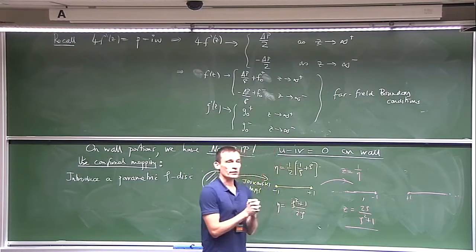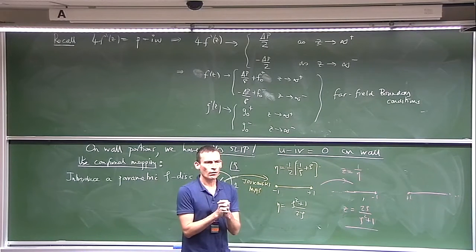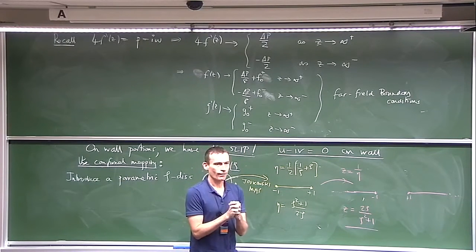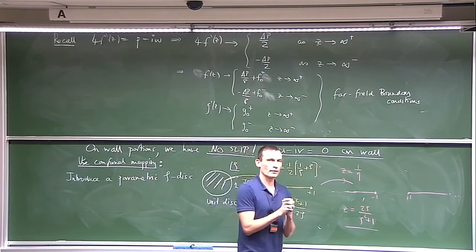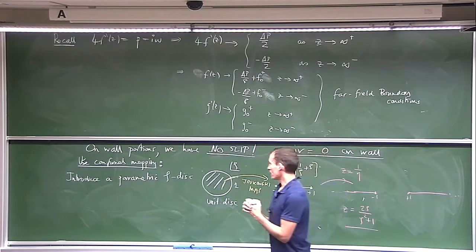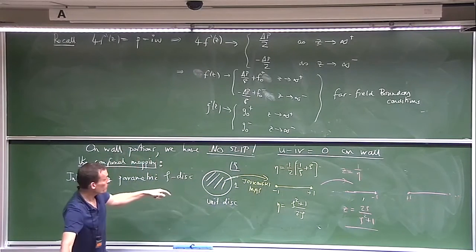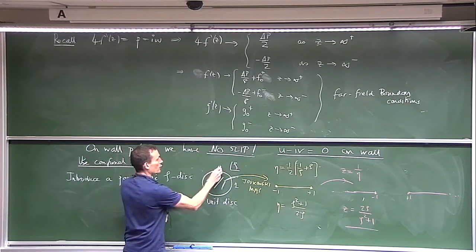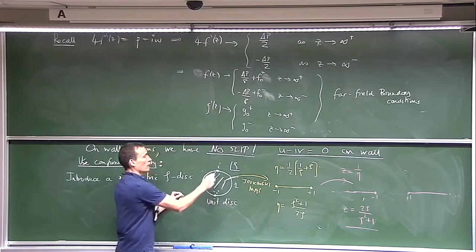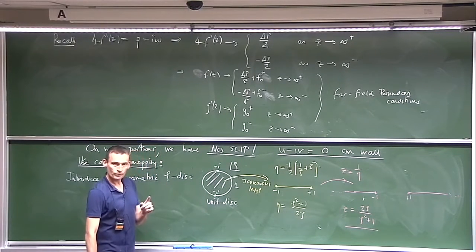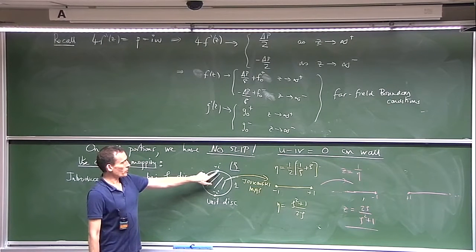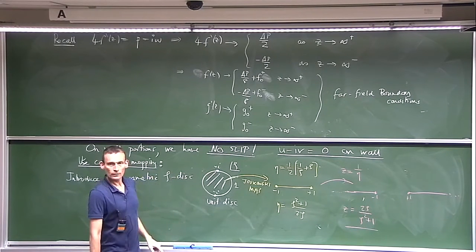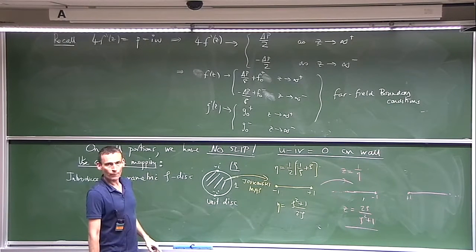What are its singularities? Plus or minus i. Right? So in other words, here and here, at i and here at minus i, it has singularity. Guess which point this corresponds to in the z plane? You did the right thing.